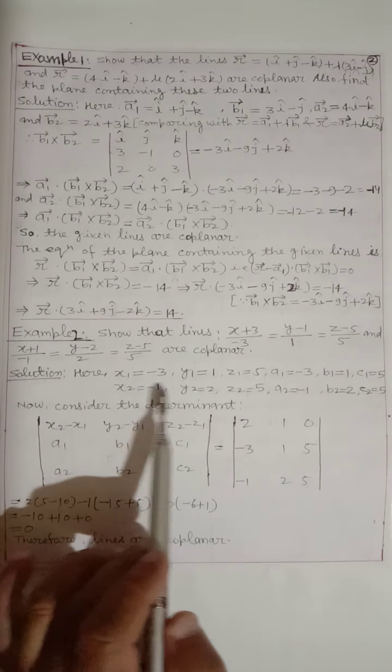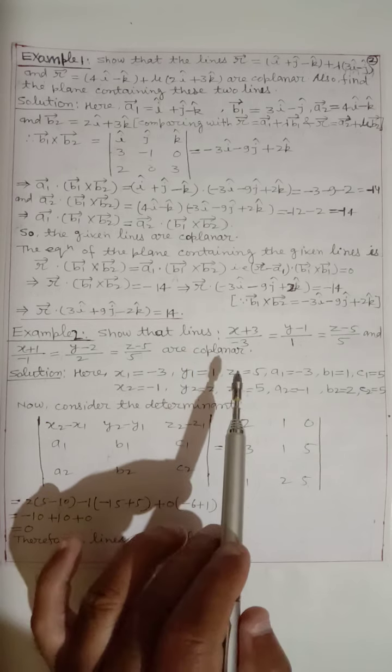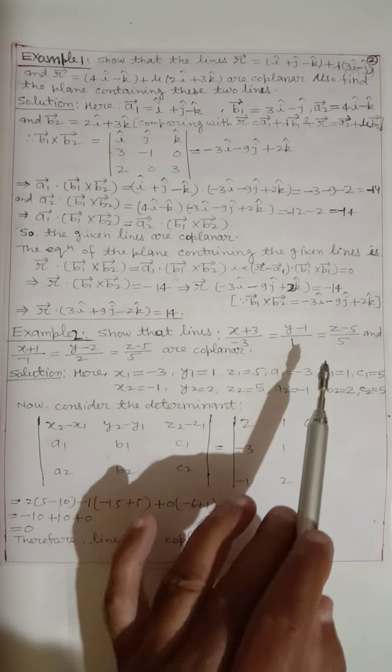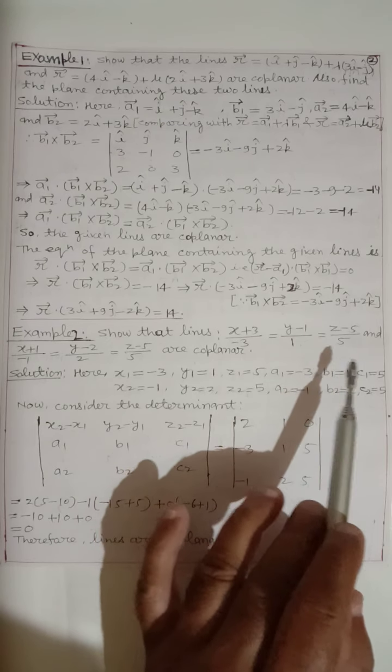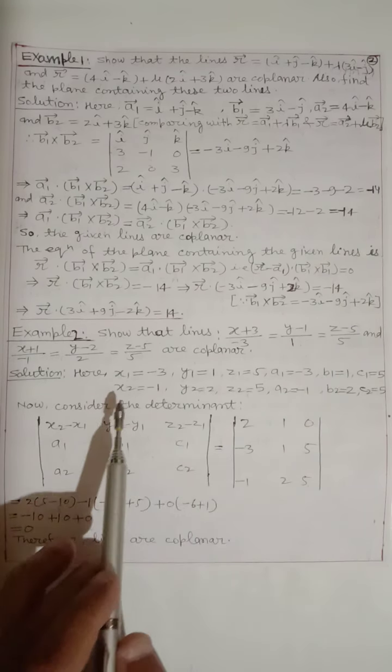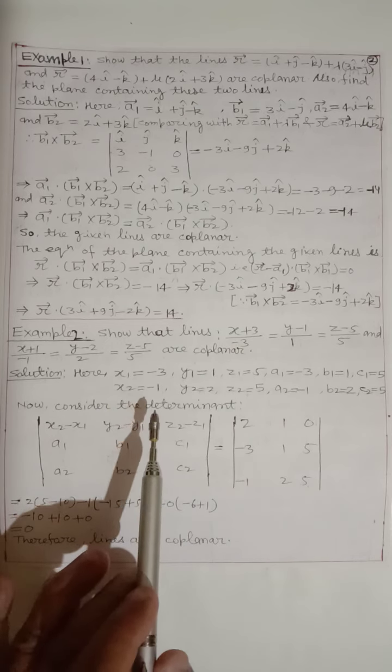That is, if we compare with (x minus x1) by a equals (y minus y1) by b equals (z minus z1) by c, we get these values.